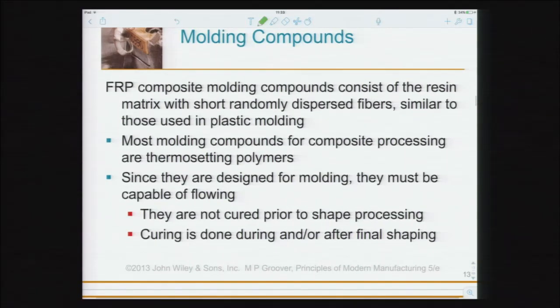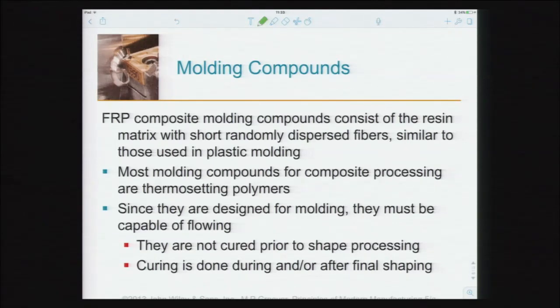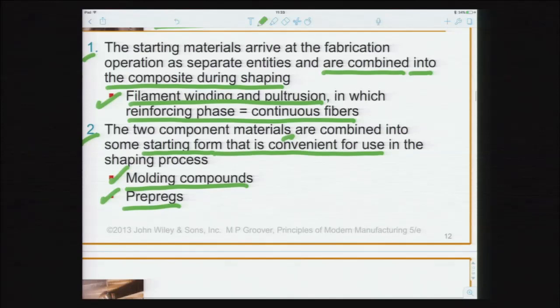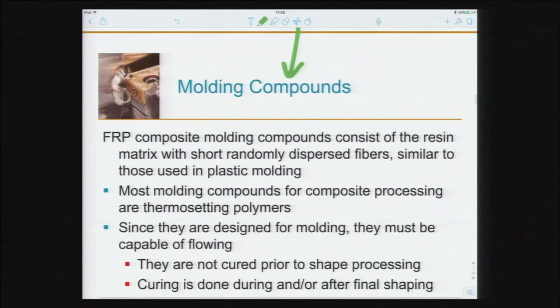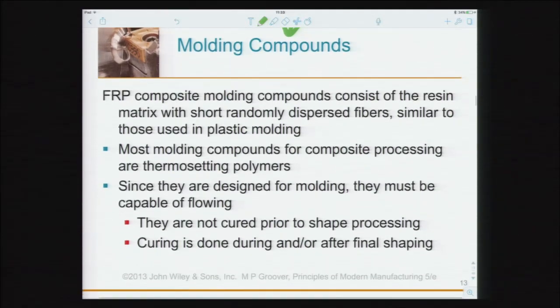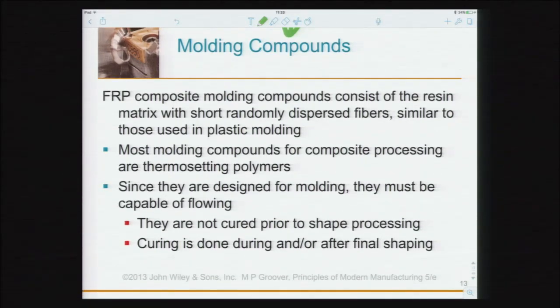In slide 13, molding compounds. Molding compound from the previous slide 12. Details of molding compounds are explained in slide 13. FRP composite molding compounds consist of the resin matrix. Resins represent polymer. Okay, so when you see the word resin, actually it is a polymer.